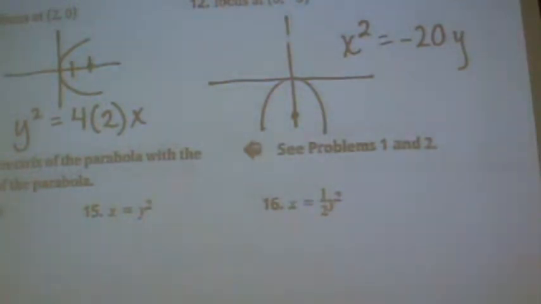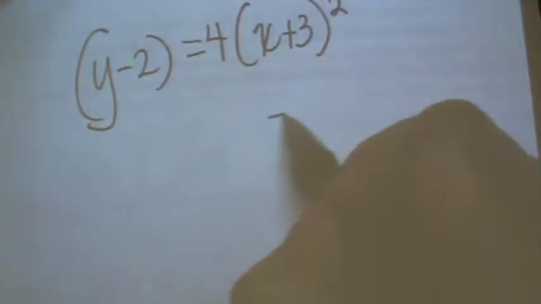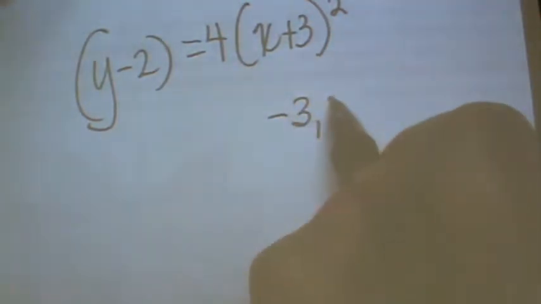Good job. Okay, the next 4 are asking you to identify the vertex. And all of these vertices are (0, 0). Where you're going to see the vertex change is if you see something like this. I'll show you real quick. This one, the vertex would be, and by the way, there's going to be a number in front, the vertex here would be (negative 3, 2).